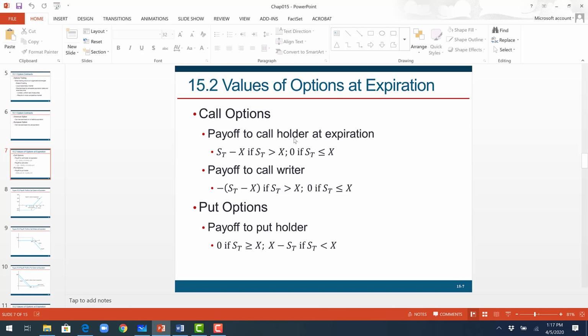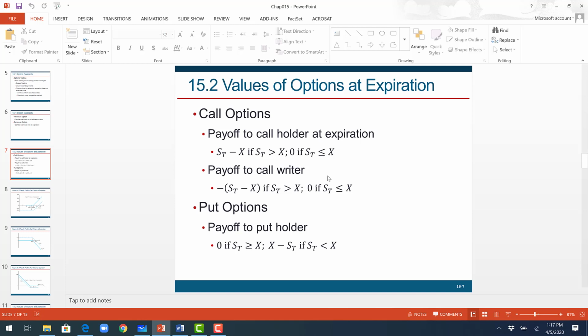That's the easiest way to think about how these payoffs work for the writer. These are two parties entering into a transaction. One is selling the option, that is the call writer, and the other party is buying the option, that is the call holder or call buyer. So we already covered the payoffs for the call buyer or holder, right? ST minus X if ST is greater than X and so on.